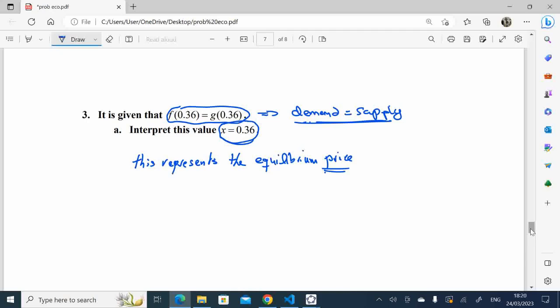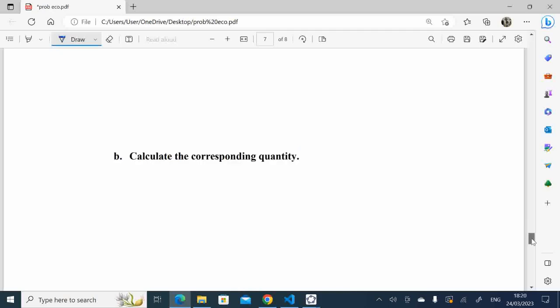In part B we have to calculate the corresponding quantity. It means I need to find the equilibrium quantity. The equilibrium quantity is simply either f of 0.36 or g of 0.36. This is the equilibrium demand quantity, which is equal to g of 0.36.